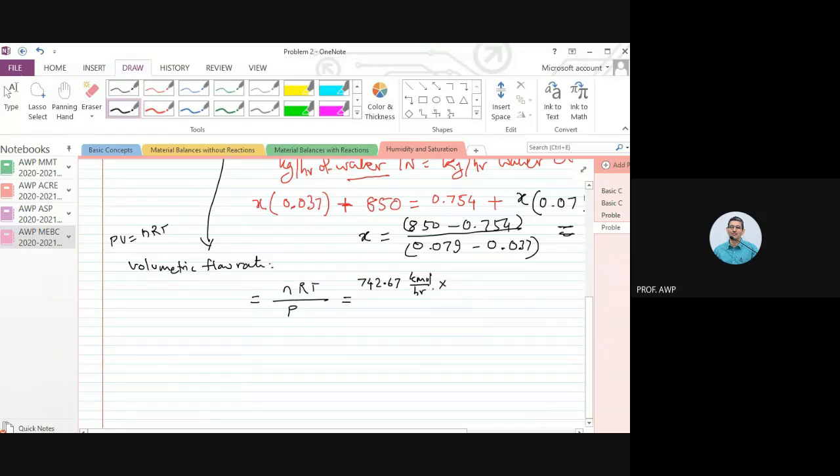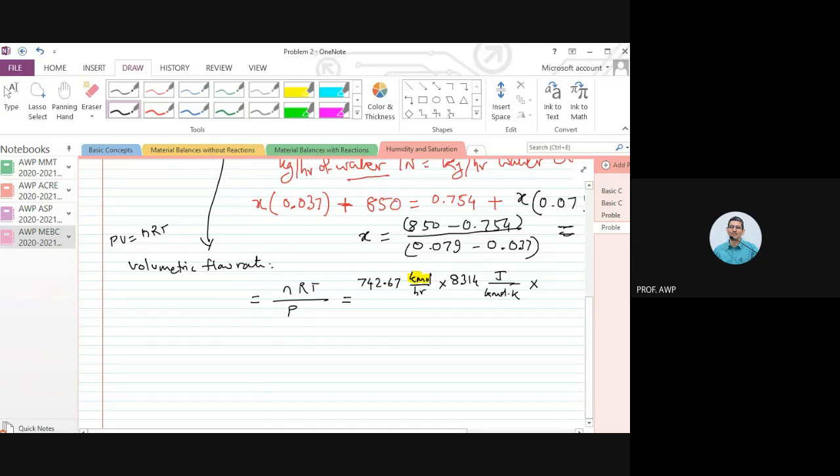R, I can take 8.314 joules per gram mole Kelvin. But now you see, this is kilomoles and this is gram moles. So I would need to multiply by 1000, or I can simply say R can be 8314 joules per kilomole Kelvin.